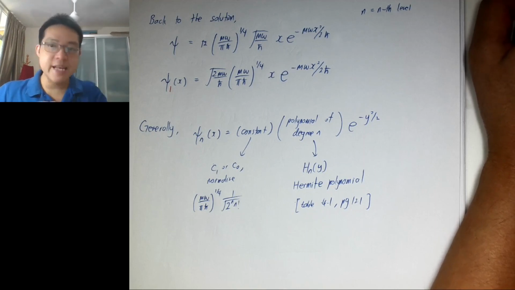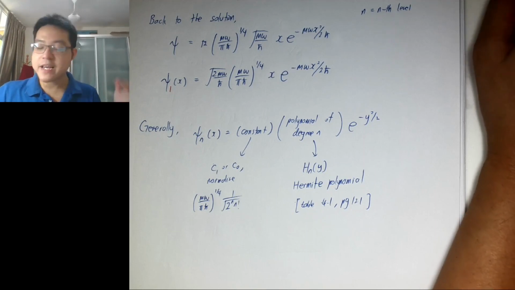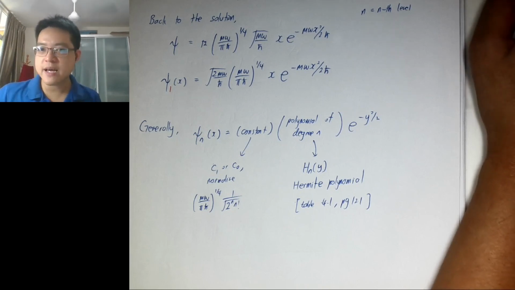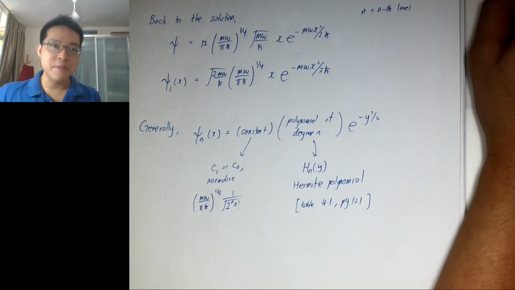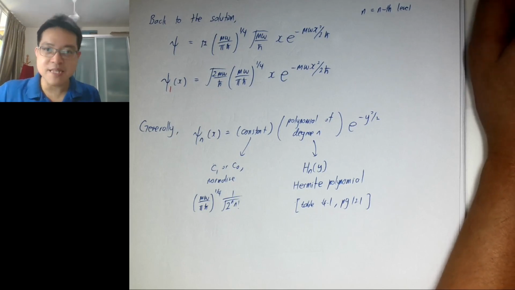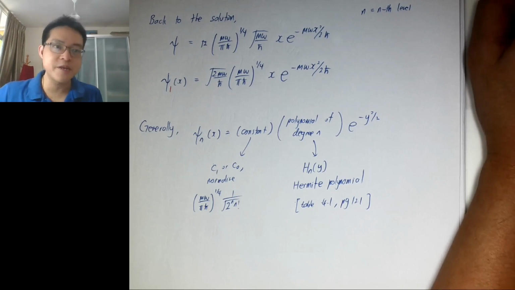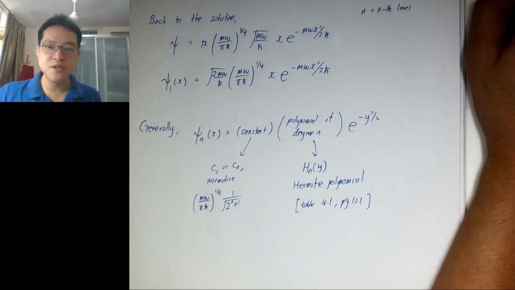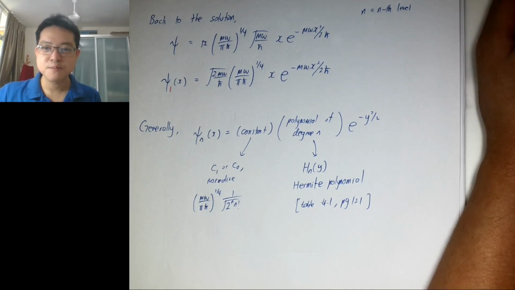Chapter 4 is another potential, but we dedicate one whole chapter to this harmonic oscillator because there are two special methods to solve it. In chapter 3, like the infinite square well, these are the standard methods. The same method is used to solve all these questions, which we did in chapter 3. But for the harmonic oscillator, we have learned these new methods.